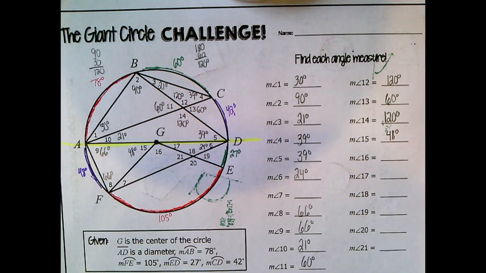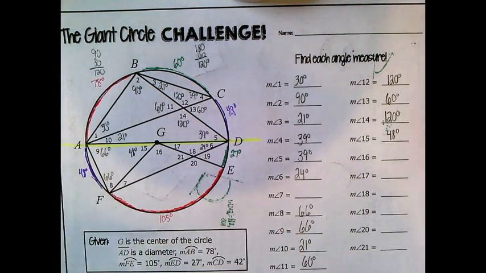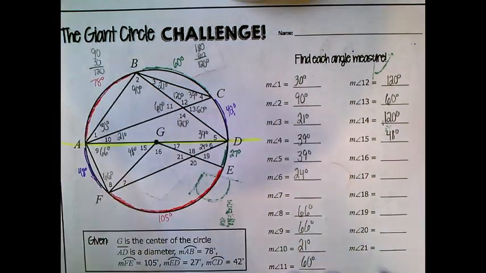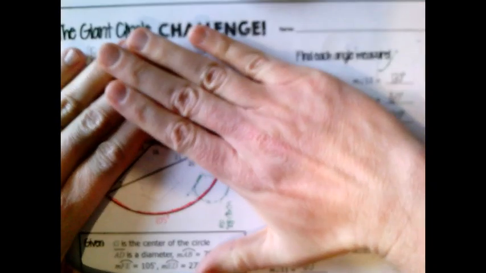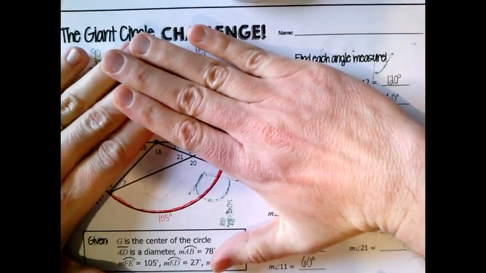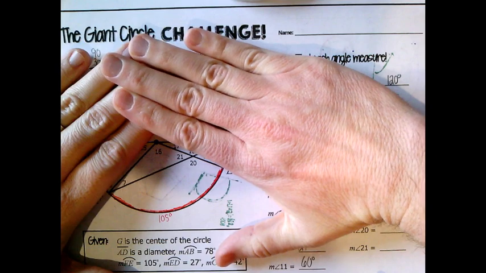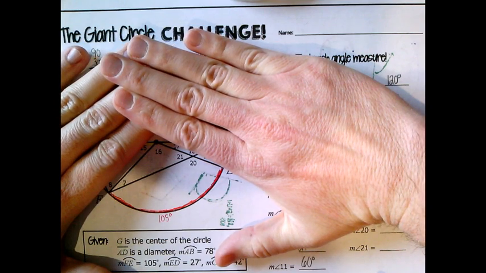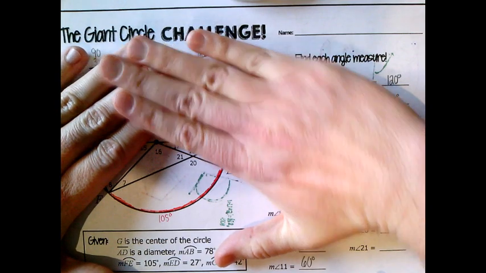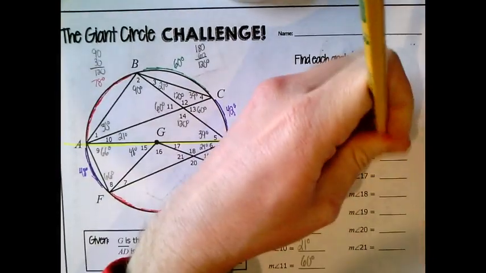Alrighty, we're moving along, almost there. Let's see, 16's next over here. Can I get 16? I sure can. See, 16 is a central angle. Central angles and their arcs are the same, and it touches the 105. So angle 16 is 105 degrees.